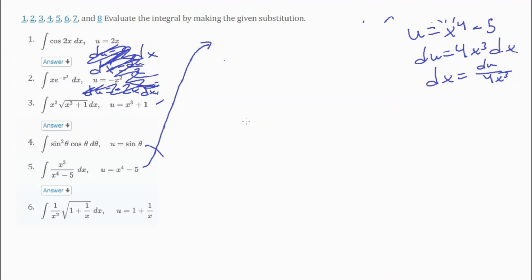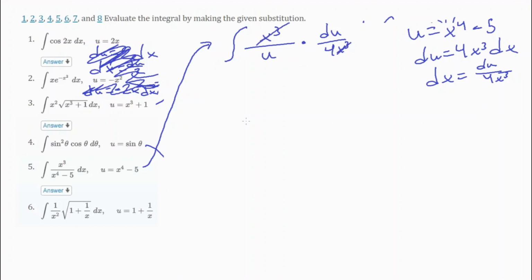So if we rewrite it and plug in for u and dx, we're going to have integral of x cubed over u, and that's going to be multiplied by dx, which is going to be du over 4x cubed. And this is why you don't need to worry about the fact that we had an x cubed, because we have one down here, so we could just cross them out.